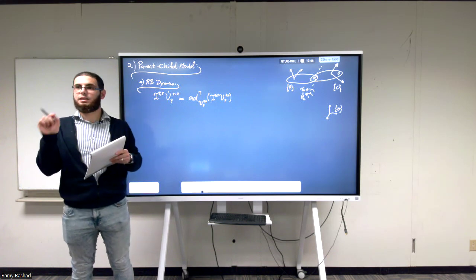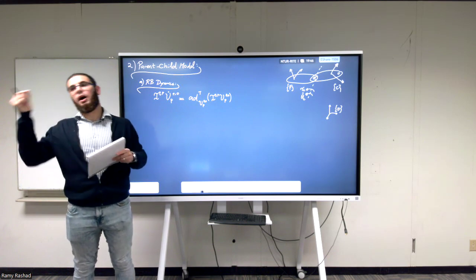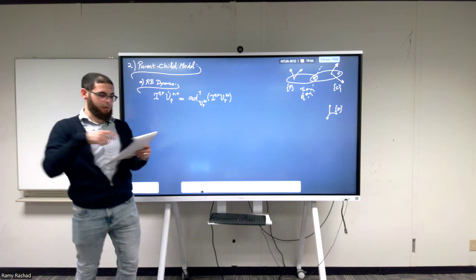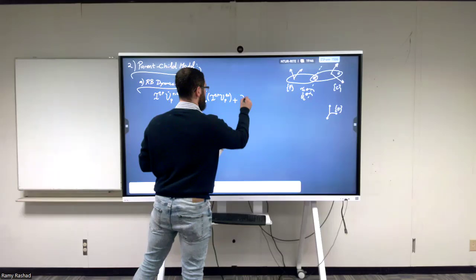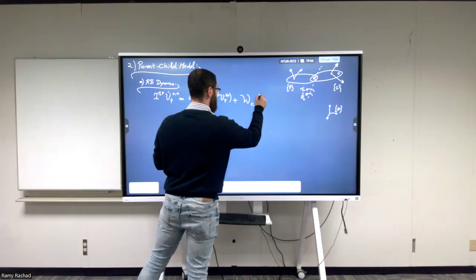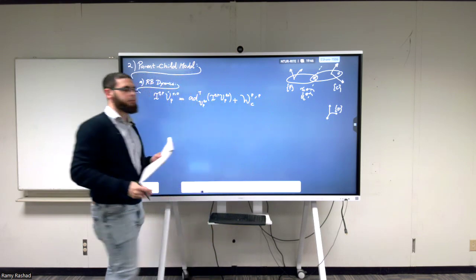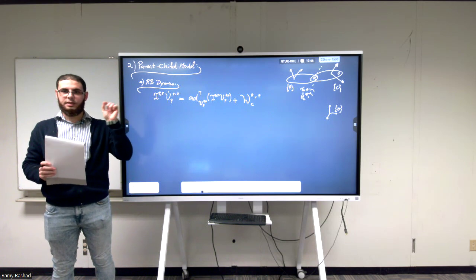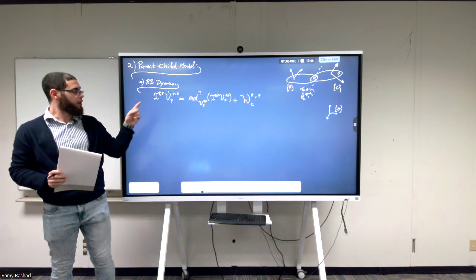We're going to call this wrench that's applied by the child on the parent, expressed in the parent frame, wrench of C applied on P expressed in P. This is very important to denote.